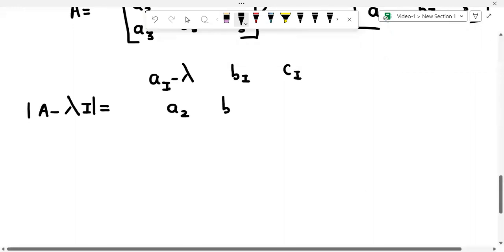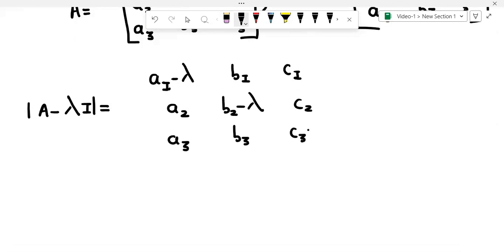Then the determinant of the matrix A minus lambda I equals this determinant.